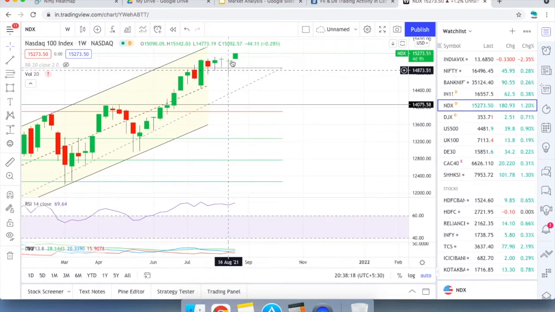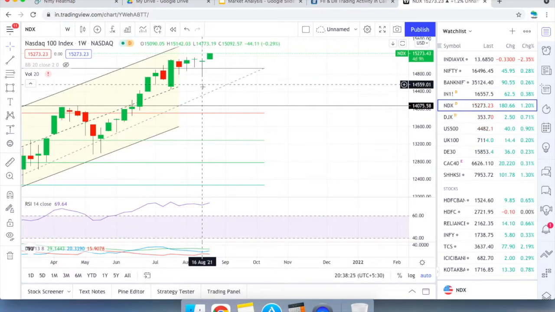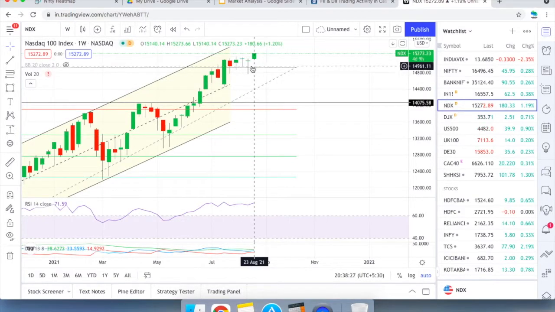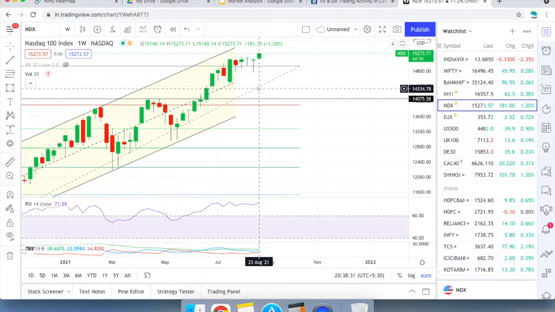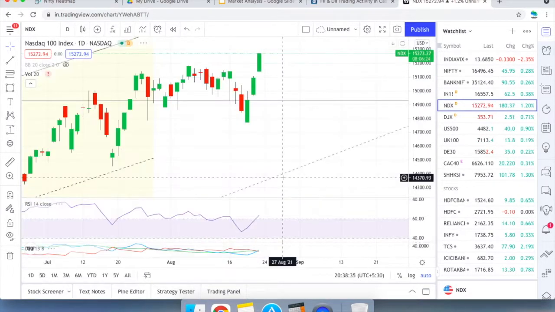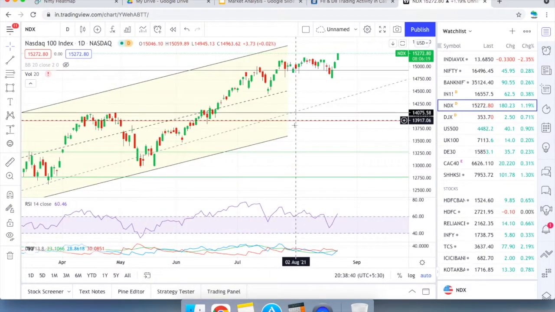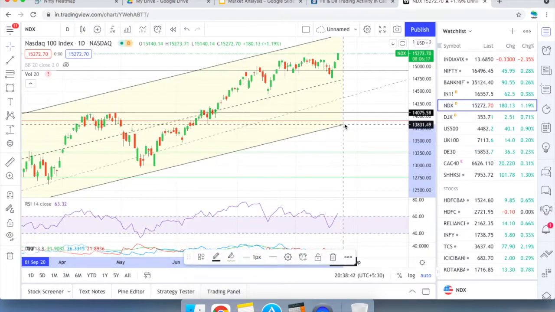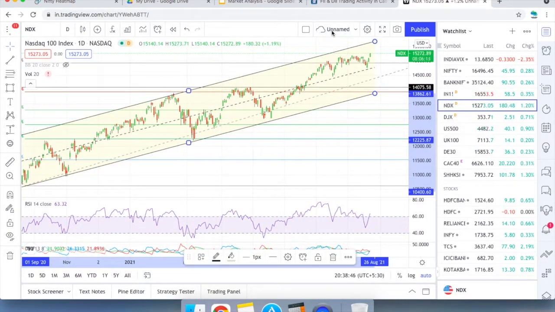You can see there are doji and dragonfly indecisive candles, but the wicks are high, which indicates there was bullish pressure, and that is over now, right? Because the candle has gone up. We know how it is going to close, but on the weekly there was some uncertainty, but that is overcome now, right? So US markets and global markets don't show any major bearishness, at least not as of now.